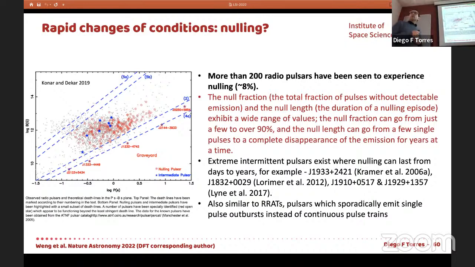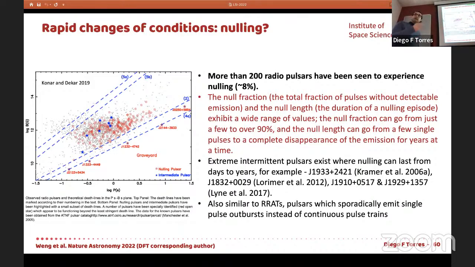To me, the most direct explanation is that simply the pulsar turned itself off. More than 200 radio pulsars have been seen to experience this kind of nulling. So 8% of the radio pulsar population turns itself off at some point. And actually the null fraction, and the null length, which is the duration of the nulling episode, could be up to 90% in many cases.